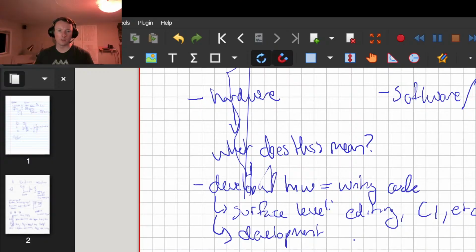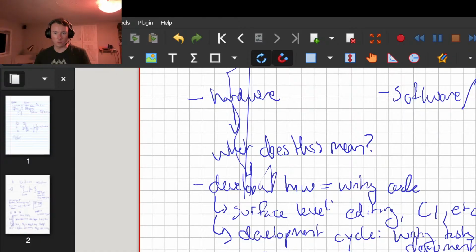Similar to writing programs, you're writing tests, benchmarking, deploying, documenting, all of this. There are some big differences here, but the life cycle is really the same.